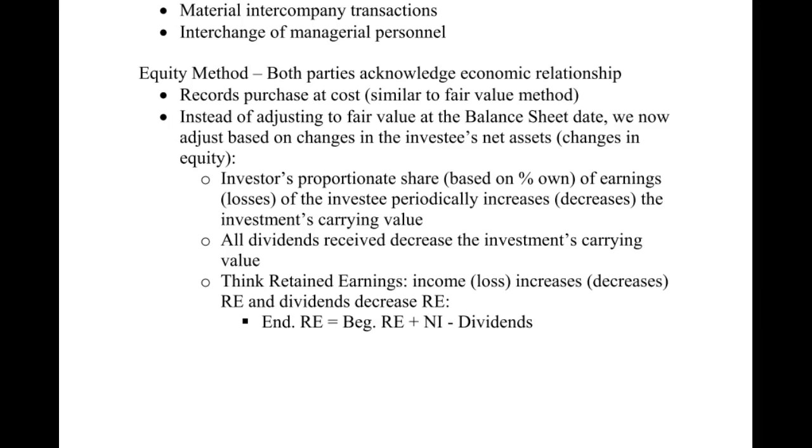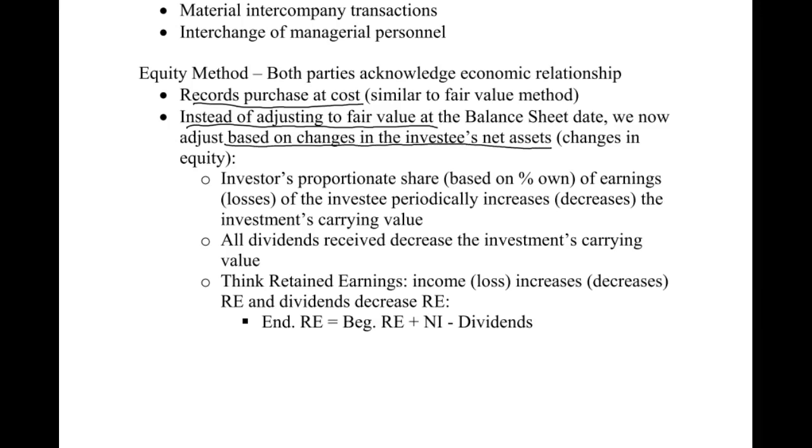All right, so we are going to record the purchase at cost, which means the journal entry will look exactly the same as the fair value method. We're just buying the asset and putting it on the books. The big difference is instead of adjusting to fair value at the balance sheet date, we now are going to adjust based on the changes in the investee's net assets.